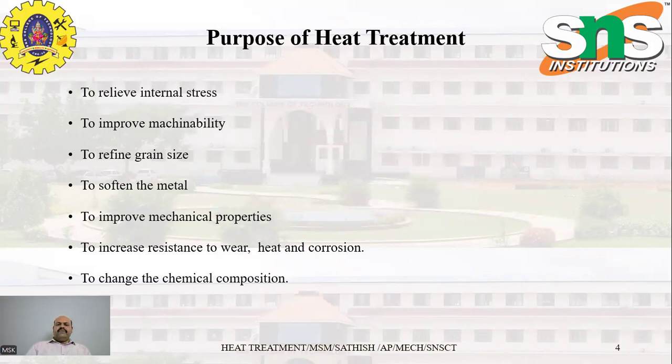So we will recap: to relieve internal stress, to improve machinability, to refine grain size, to soften the metal, to improve mechanical properties, to increase resistance to wear, heat, and corrosion, and to change the chemical composition. This is the major purpose of heat treatment we have seen in the last class.